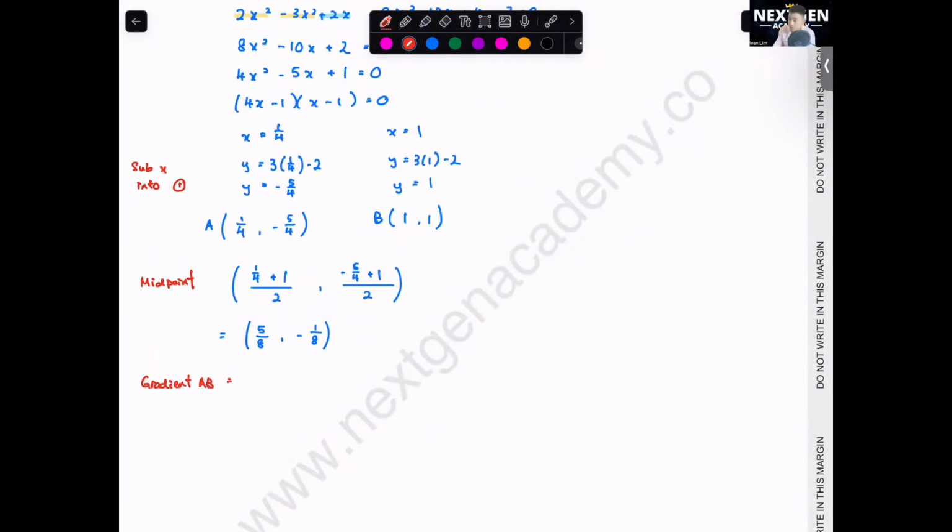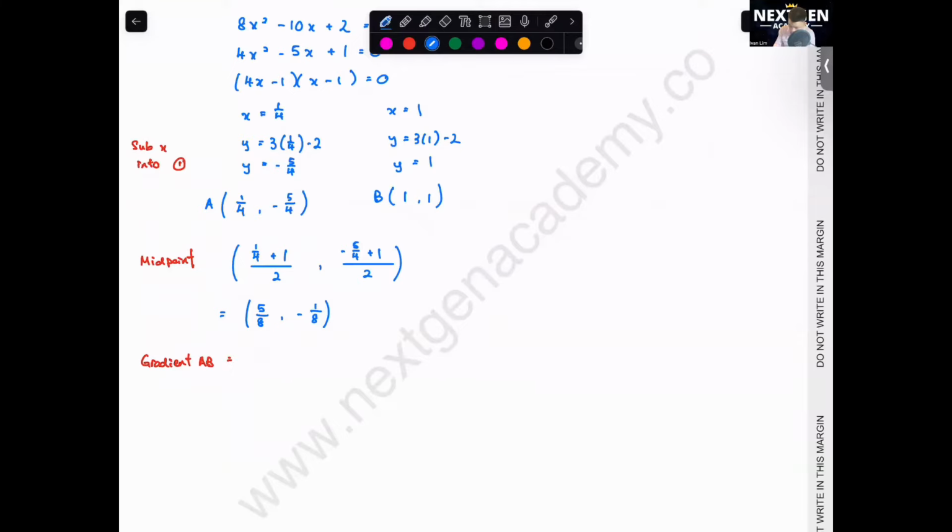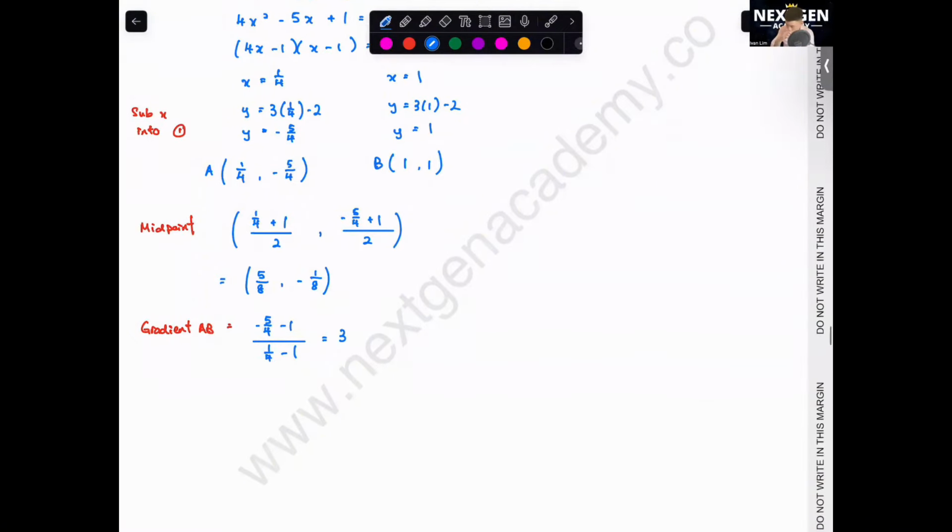This is not the normal one first, which is y2 minus y1 over x2 minus x1. So negative 5 over 4 minus 1 over 4 minus 1 equals 3. Okay, then the gradient of the normal, let's write this as m normal, we'll just use the negative reciprocal, negative 1 over 3.